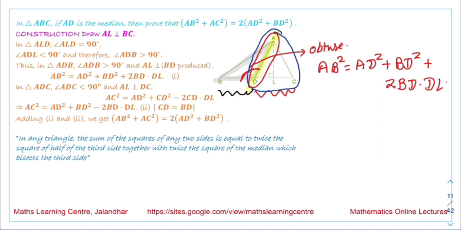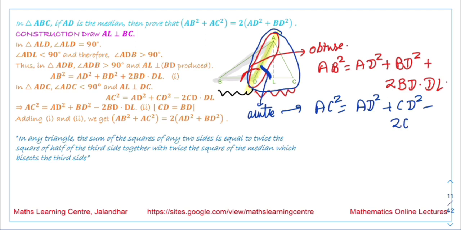The angle at D in this triangle is an acute angle, and AL is the perpendicular in this case. So the result we have for this is AC square is equal to AD square plus CD square minus 2 times CD into DL. We have these two results from our previous two theorems.